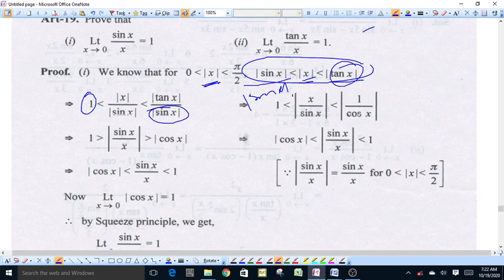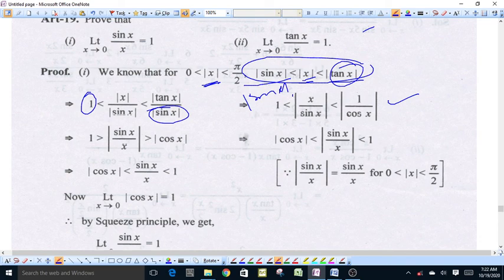Now this can be written as 1 less than modulus of x upon modulus of sin x less than 1 by modulus of cos x, or we can write it as 1 is greater than, taking reciprocal, modulus of sin x upon x greater than the modulus of cos x, because tan x upon sin x is equal to 1 by cos x, and taking reciprocal this comes out to be cos.